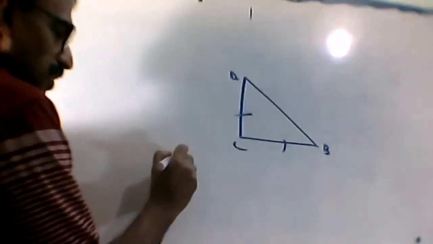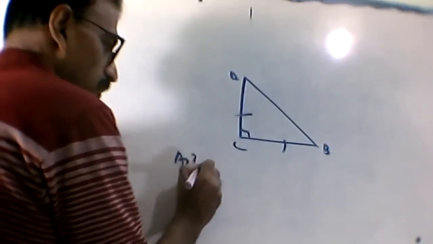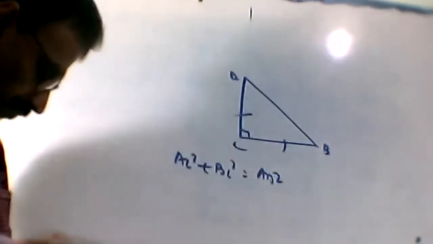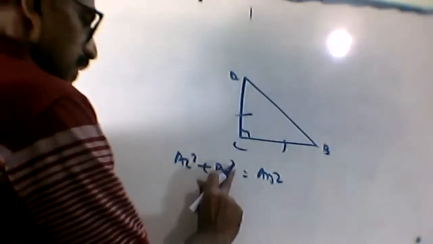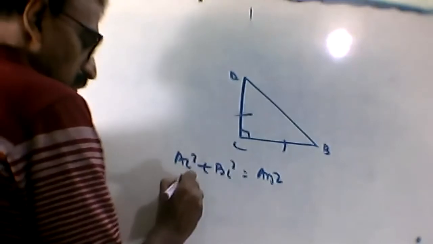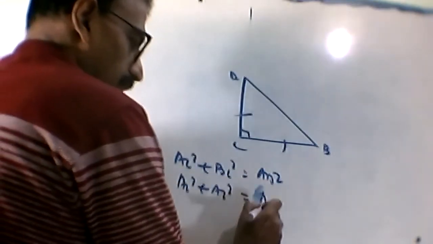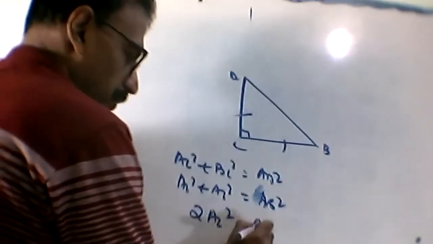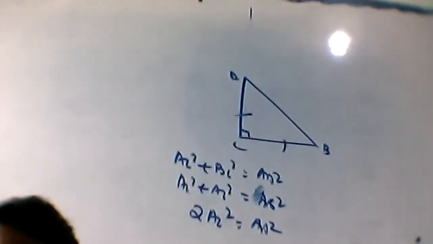First you write, angle C is 90, so AC square plus BC square equals AB square. We want 2AC square, right? So AC square plus AC square equals AB square. That means 2AC square equals AB square. Finish. We all got this. Not getting this means something is wrong.